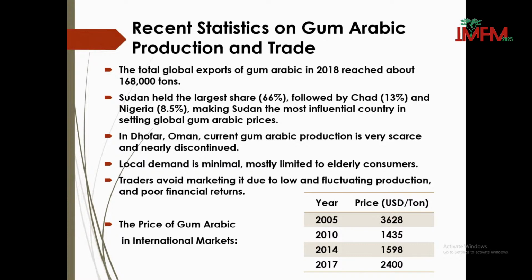Here are some recent statistics on gum arabic production and trade, and we found around 168 thousand tons in global production, and Sudan has the highest share with 66%.